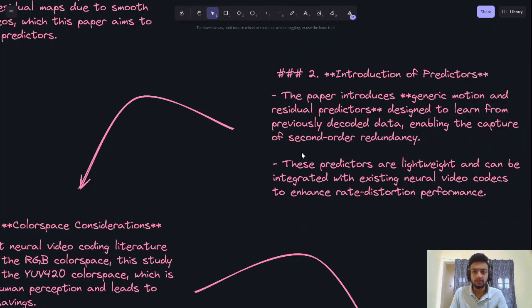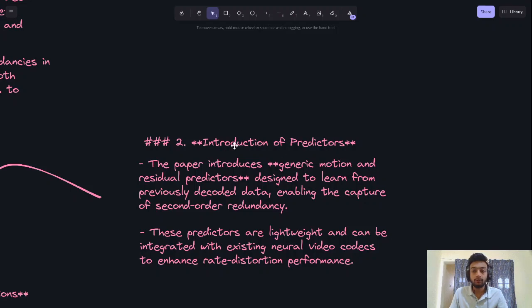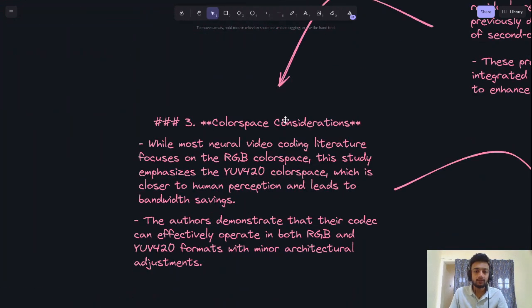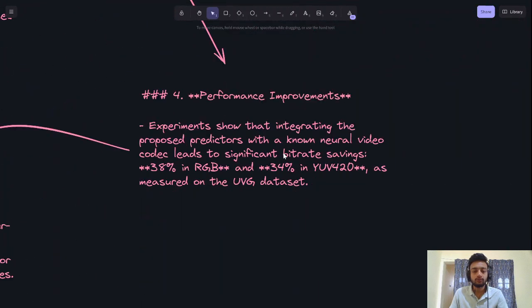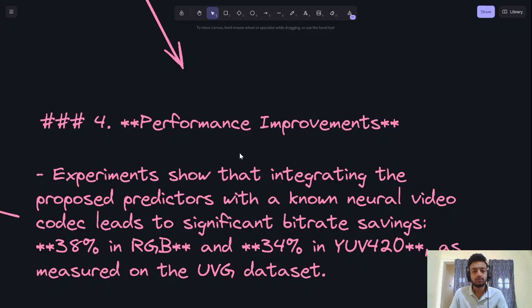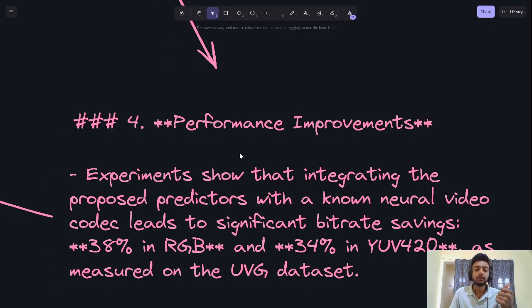We talked about the introduction to predictors. What are predictors? Lastly, we talked about color space and considerations, like how the color space is considered in the multi-neural networks. And after that, we talked about some performance improvements which this research paper can implement in the industry.